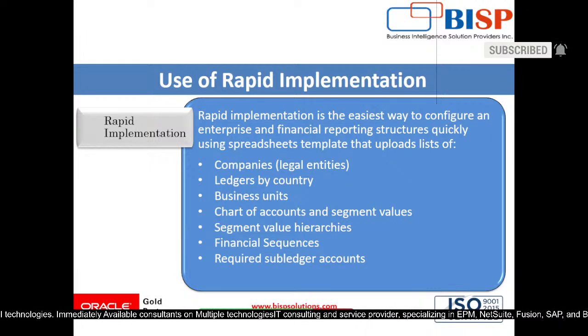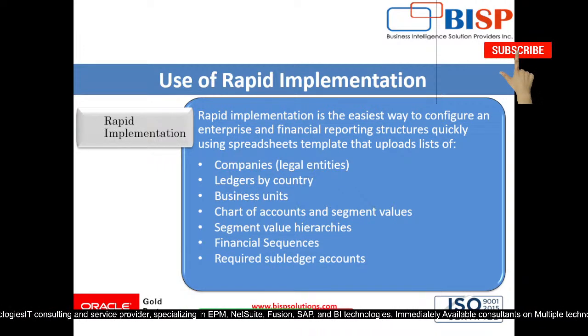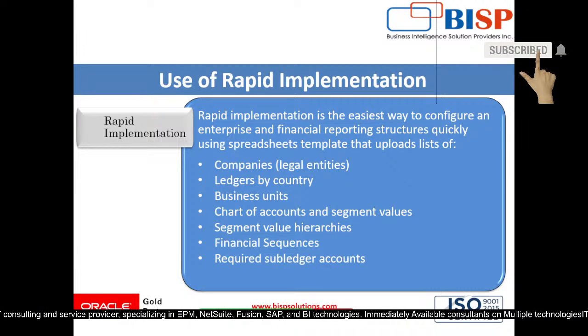So Oracle Fusion provides a unique feature, the name is rapid implementation. In the last session, we saw how we configure the common setup for our accounting calendar, currency, chart of account, primary ledger, and business unit in our application. All the setups take plenty of time to configure in our application.